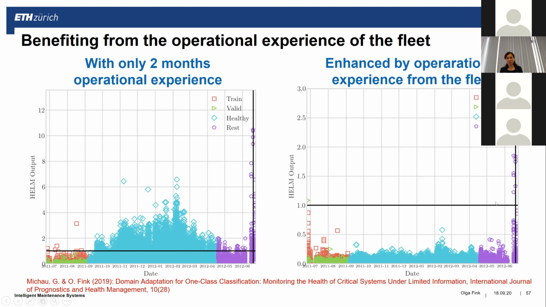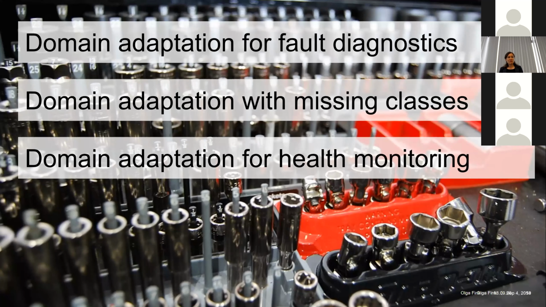So with that, I was giving you some insights into domain adaptation for fault diagnostics. The first case showed how to use the information from a source data set that is complete, and adapt it to the target data set that is also complete, in the sense that it contains all the different fault types.